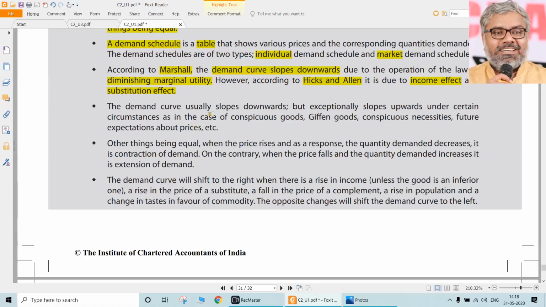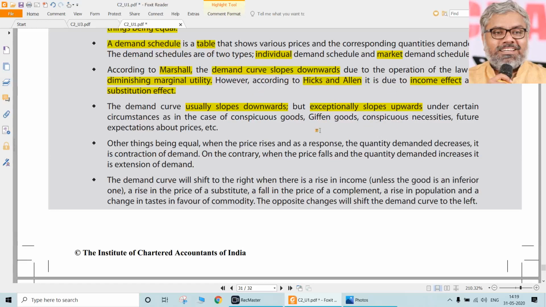Of course, will the demand curve always slope downwards? Generally, no. Not always. Usually, yes. Usually, it slopes downwards. But exceptionally, it slopes upwards also. Means what? We can say these are exceptions to the law of demand. Normally, according to the law of demand, the demand curve must slope downwards.